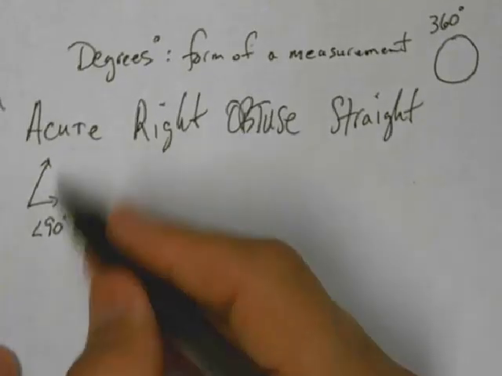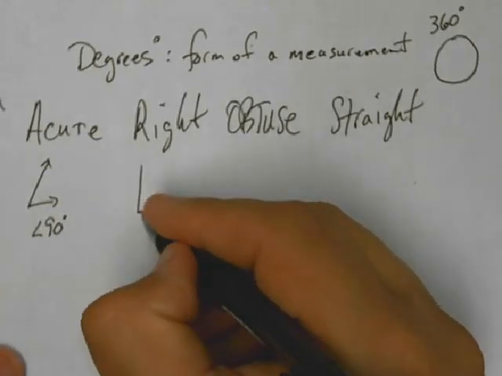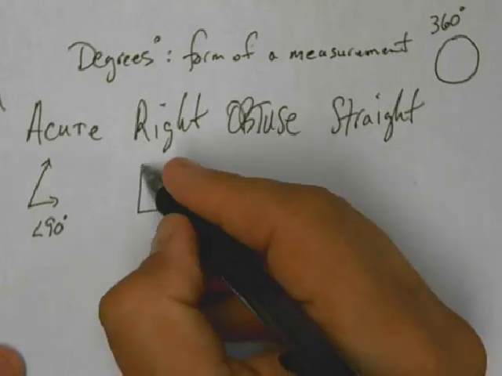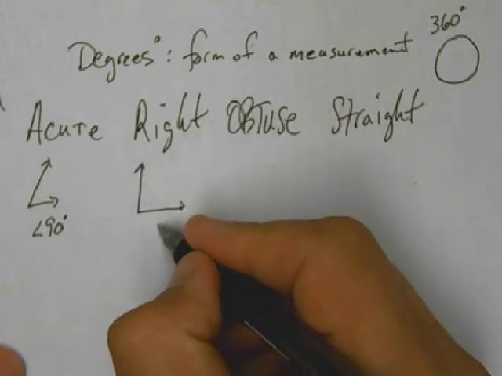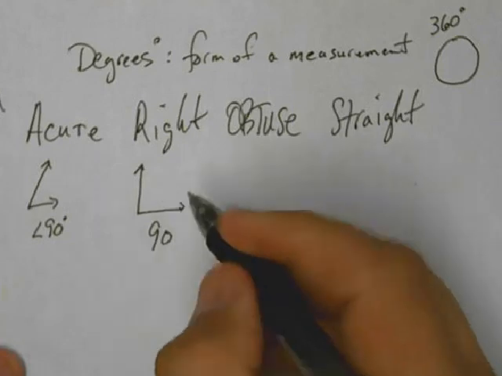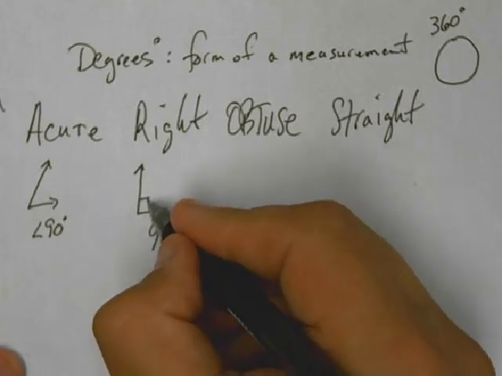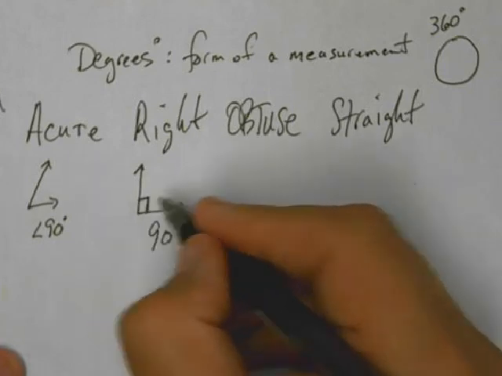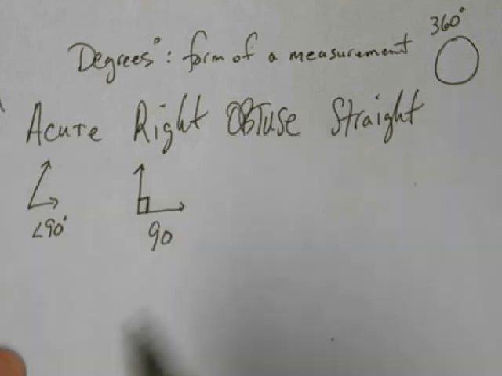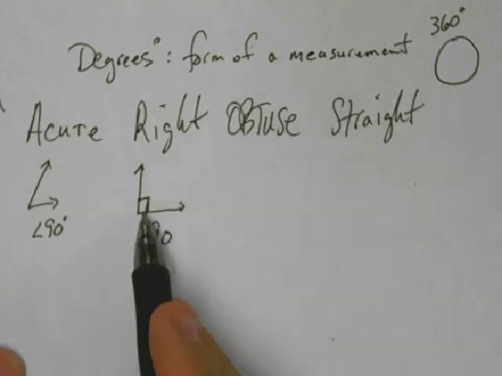An acute angle is less than 90 degrees. A right angle is 90 degrees. Look at this little symbol. Many, many times, not every time, you're going to have a little square in the angle that indicates it is a right angle. So put that in there.